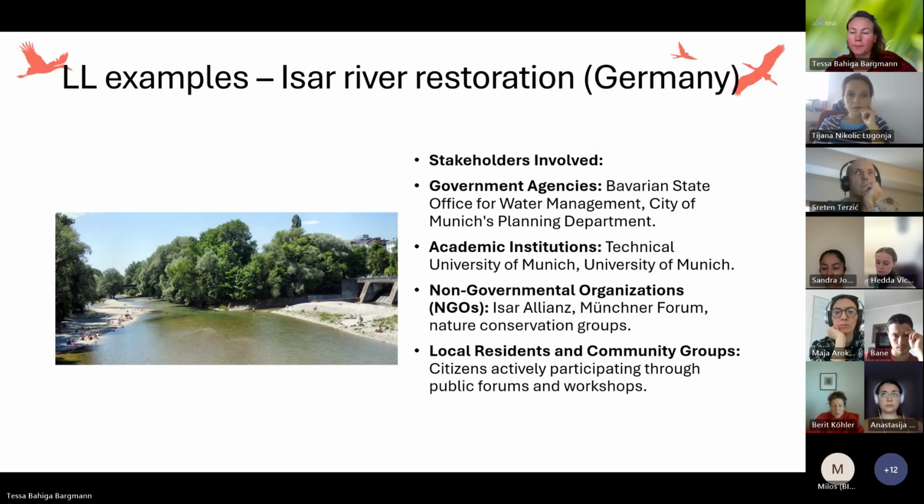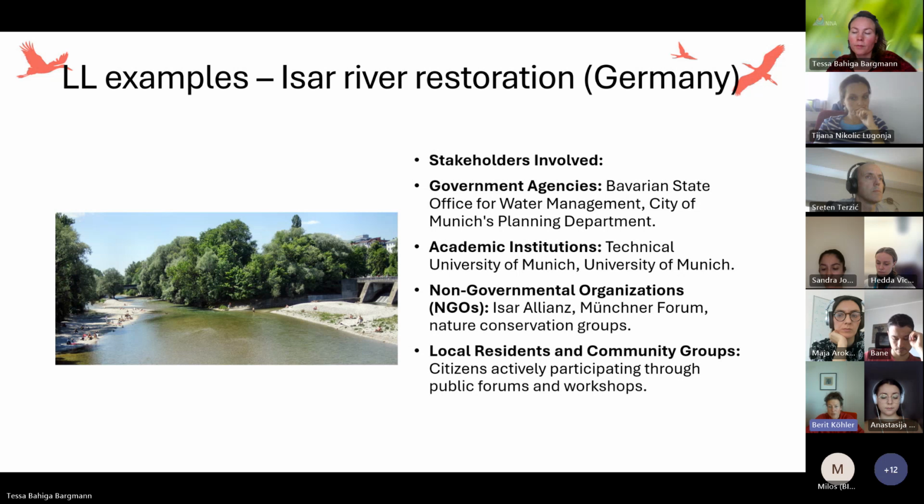So here in this living lab, they managed to involve different governmental agencies, from the Bavarian State Office for Water Management, but also from the City of Munich's Planning Department, and the academic institutions, the Technical University of Munich and the University of Munich.